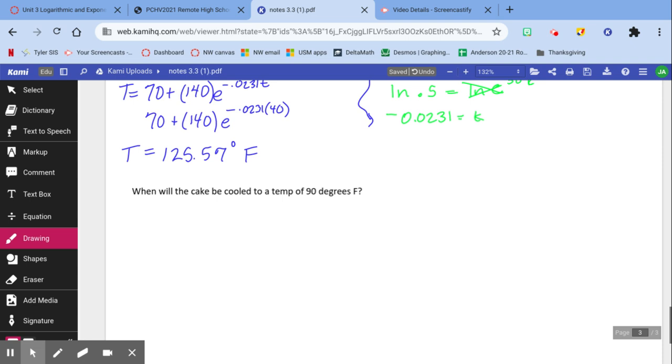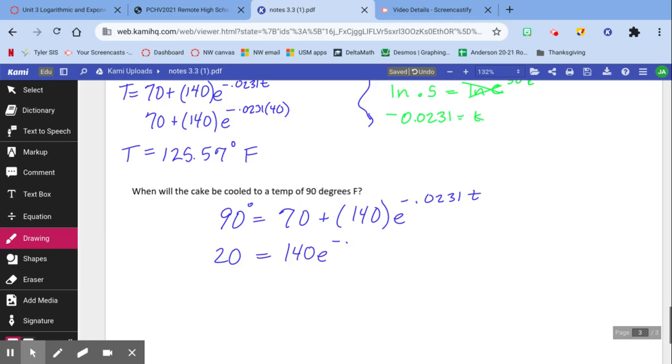Lastly, it says, when will the cake be cooled to 90 degrees? So remember, we have 70 plus 140 e to the negative 0.0231 T. We're looking for when it will be 90. So we're going to subtract. We're going to divide.